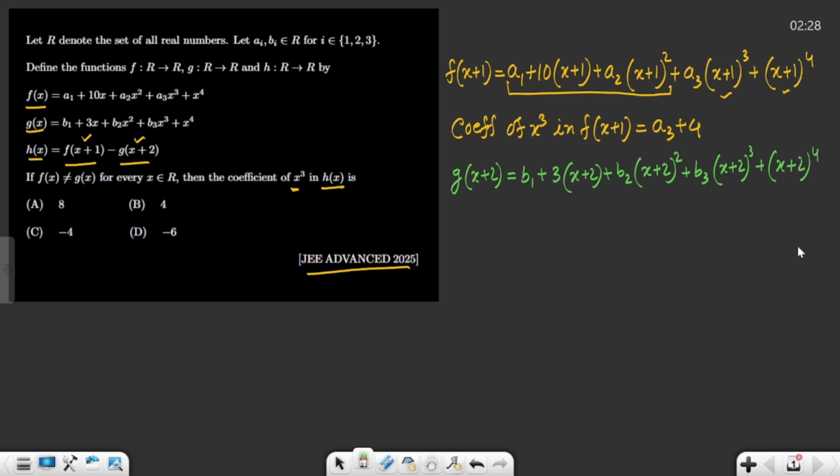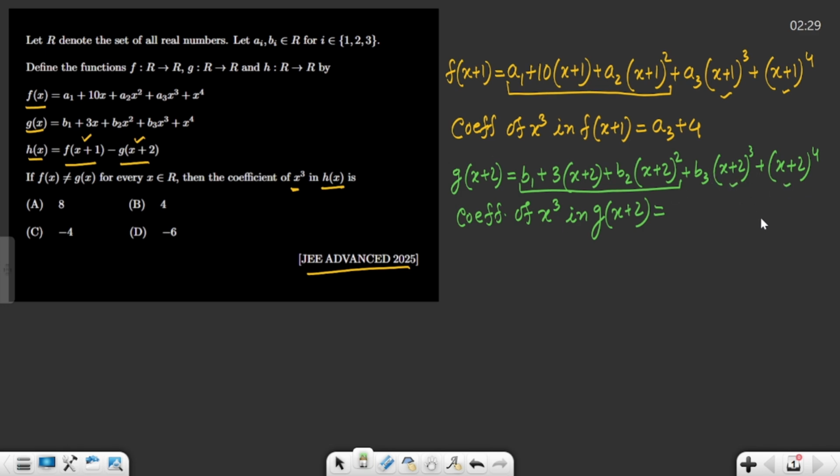So we need to find the coefficient of x cube in g(x+2). The same case: we are not getting any x cube from the first part because the highest power of x is 2, so we need to find it from the last two terms.